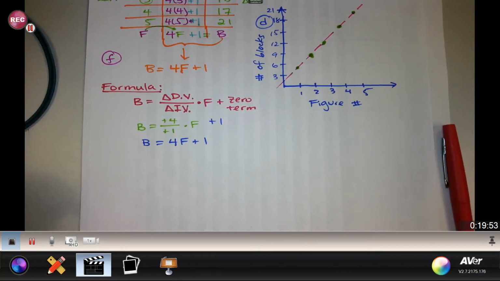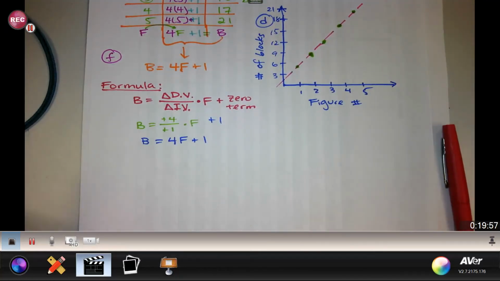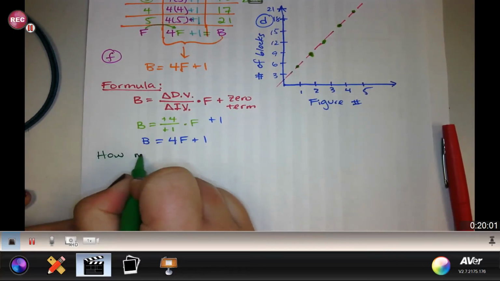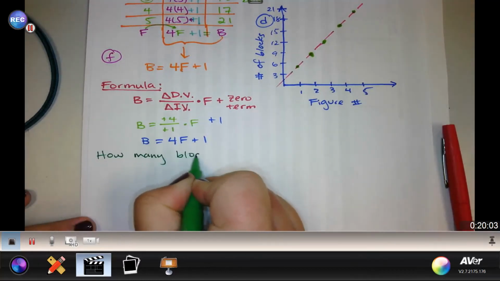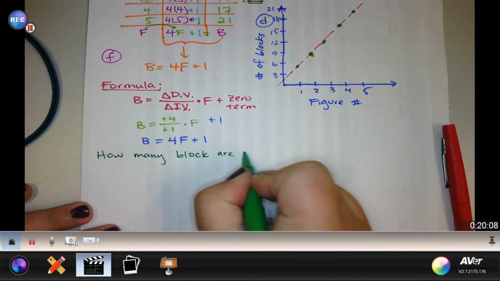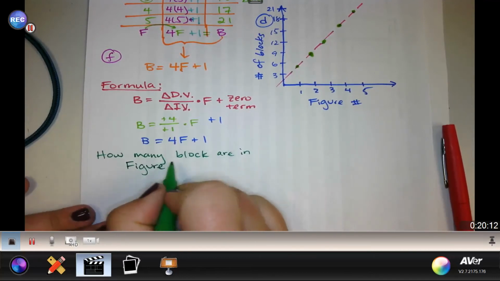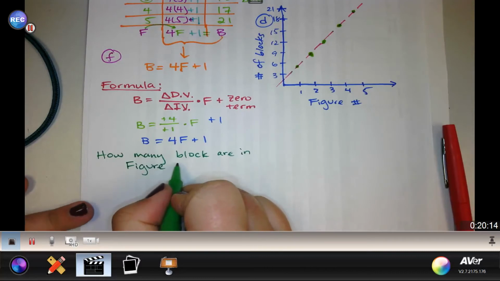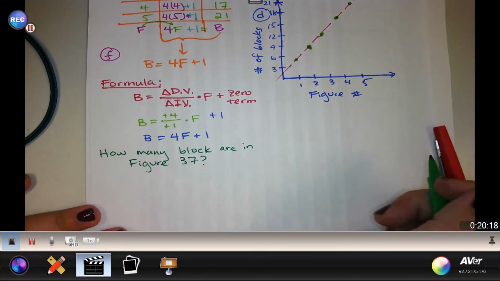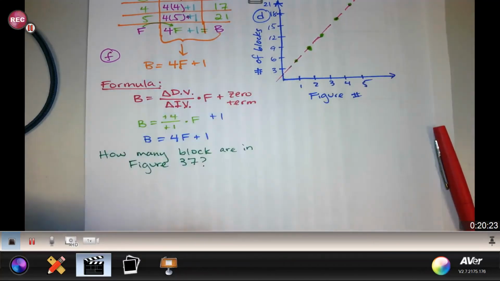But let's say from part F, the symbolic, we say, well, how many blocks are in figure 37? Okay, just pick a number, just make it up. Okay, so what you need to be able to do is then use this to find the number of blocks.